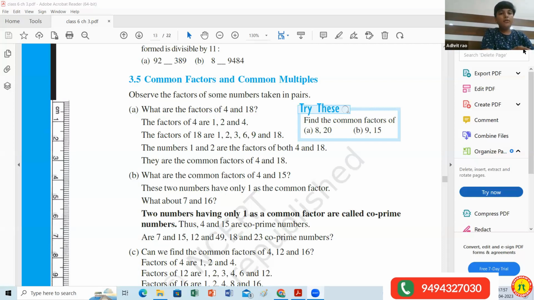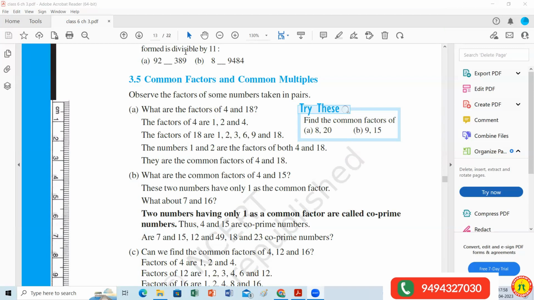What are the factors for 13, Adrit? Think about it, 13 is a prime number, right? 1 and 13. Sritej, what are the common factors for 11 and 13? Ma'am, just one.